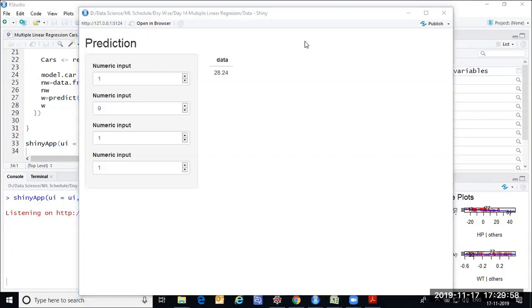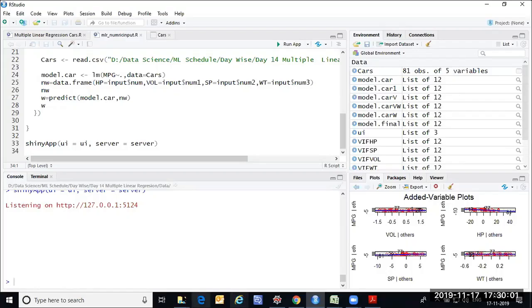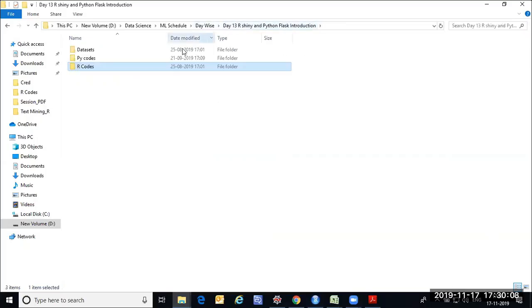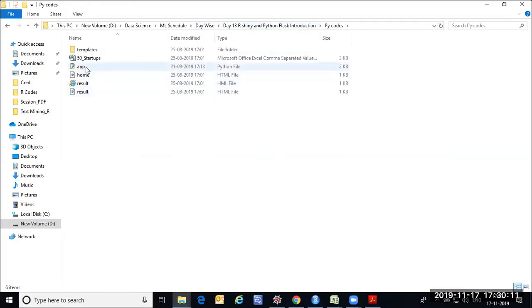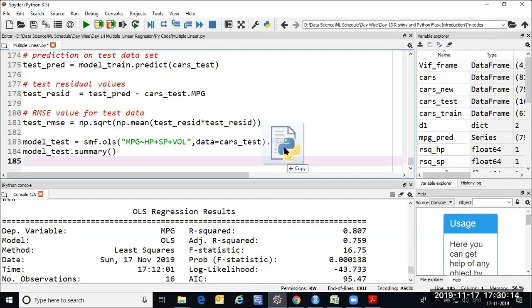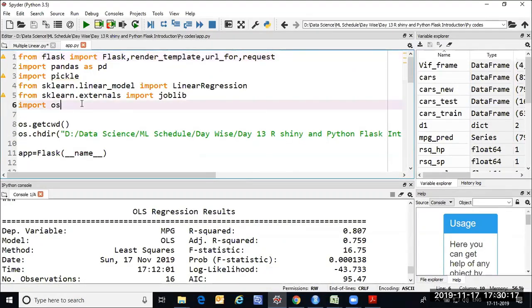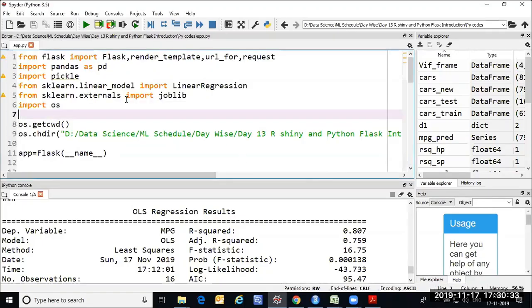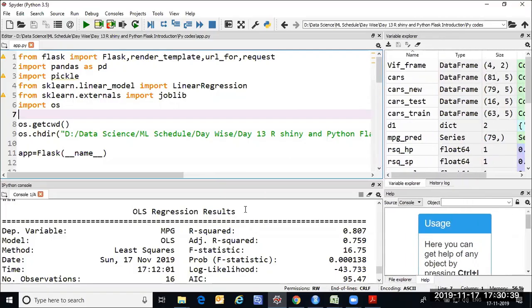Okay. This is about deploying your R codes. Now let us see how we deploy the Python codes. Flask.